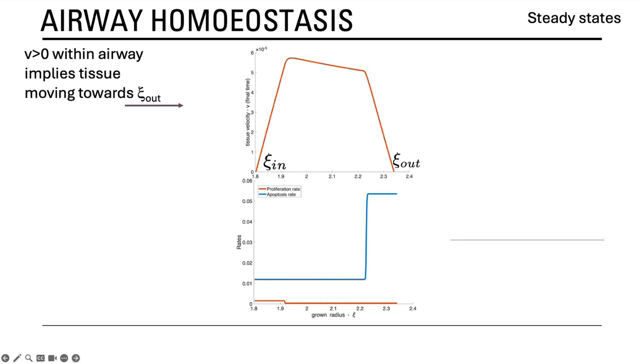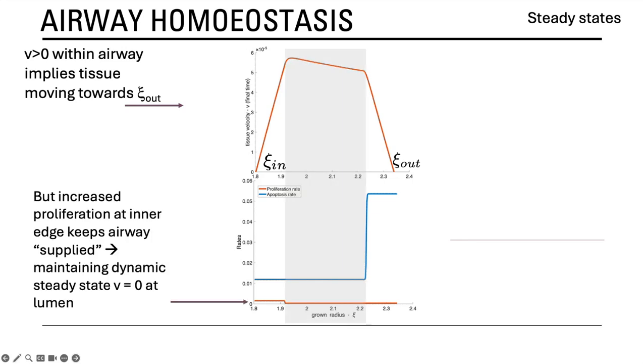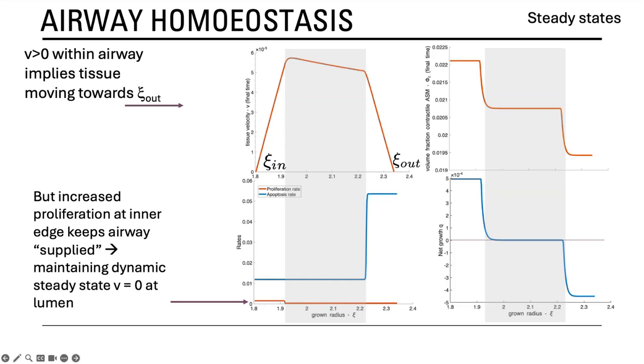And what we have, of course, is that all these velocities are positive. That means that the tissue velocity, so the cells and tissues are moving in this direction, but this increased proliferation keeps the airway supplied at this end, and the increased apoptosis keeps them dying at the other end, so to speak.